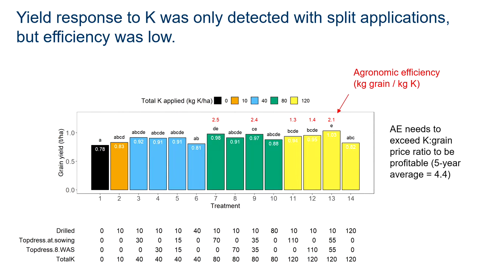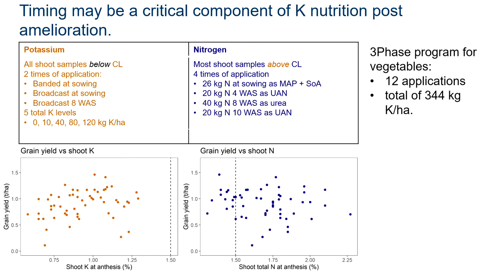Those red numbers are our agronomic efficiency, so kilos of grain per kilo of K. The long-term average for the K to grain price ratio is 4.4. We need to exceed 4.4 just to break even and then to start making money. So that's not profitable, even at a site with extremely low soil K and soil constraints removed.